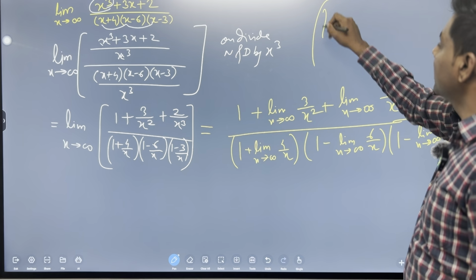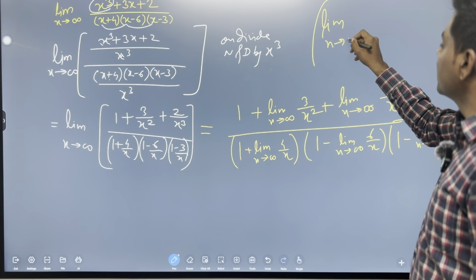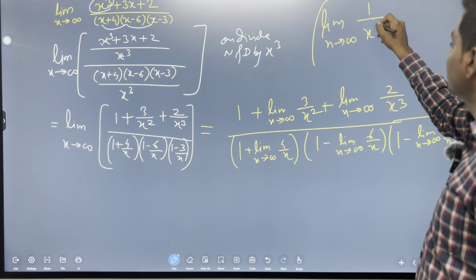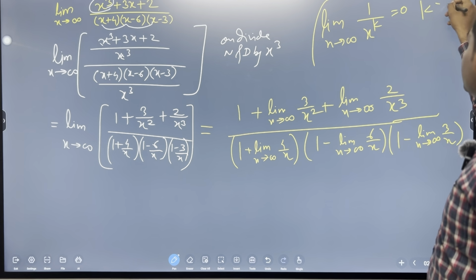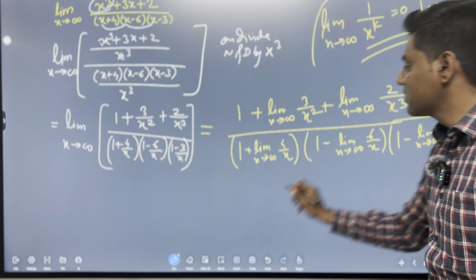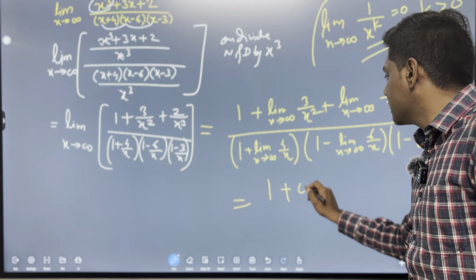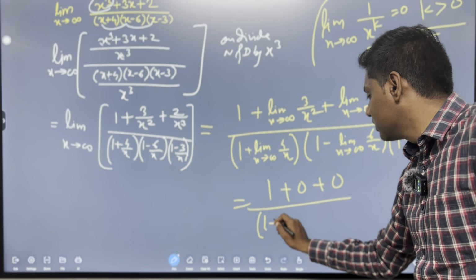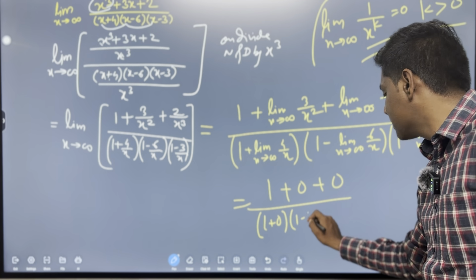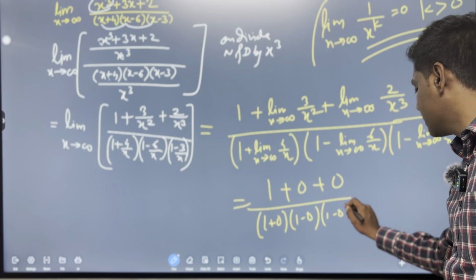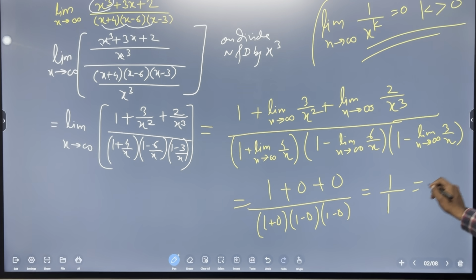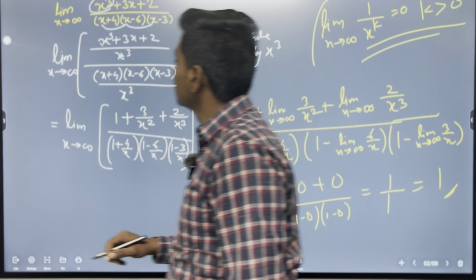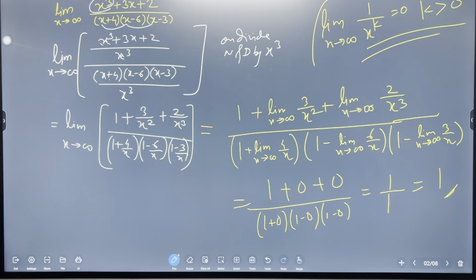According to the similar formula, limit x tends to infinity 1 upon x raised to k equals 0, where k is greater than 0. By using this formula we get 1 plus 0 divided by 1 plus 0, then 1 minus 0, then 1 minus 0, so we get 1 divided by 1 equal to 1. So take the screenshot of the second example.